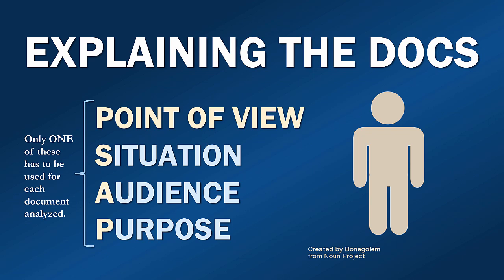How did the situation impact what's being written? So if you give some background, then you're able to earn that point. We say different things to different people, so how did the audience influence what is being said or written here? And finally, what is the author's purpose? What is the author trying to get done by this? And if you can do any of those 4 things, then you're good.